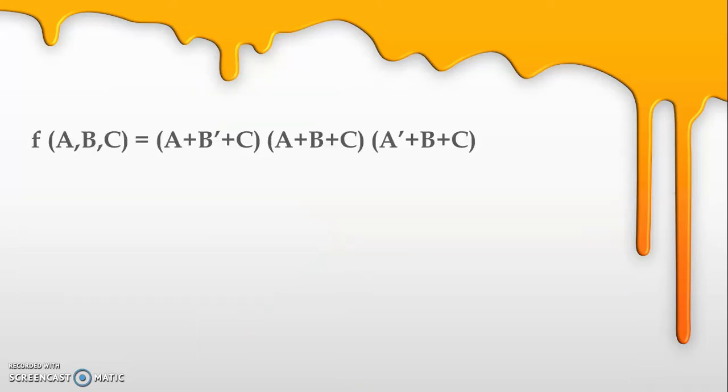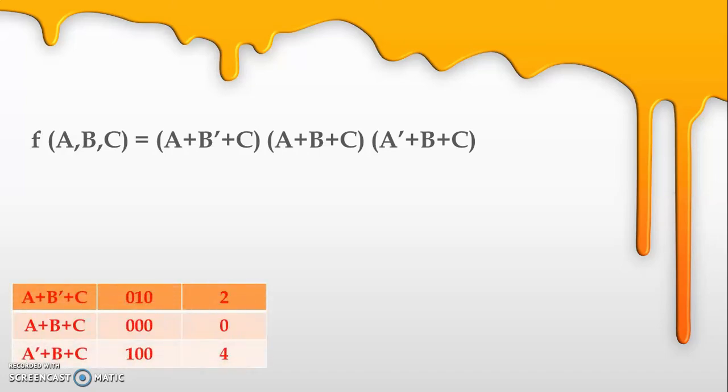Now let us take one Boolean function, f of ABC, equal to (A + B' + C)(A + B + C)(A' + B + C). If we write binary numbers, then for uncomplemented we write 0, and for complemented we write 1.